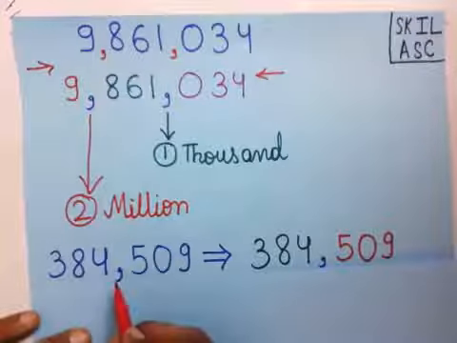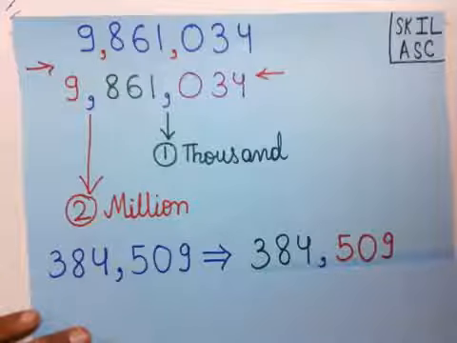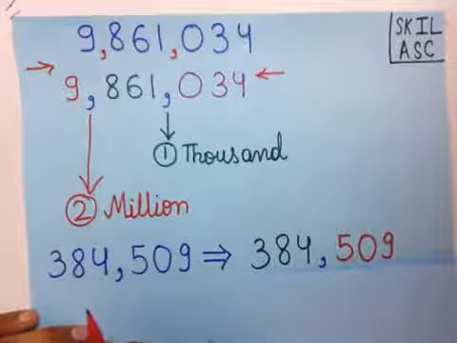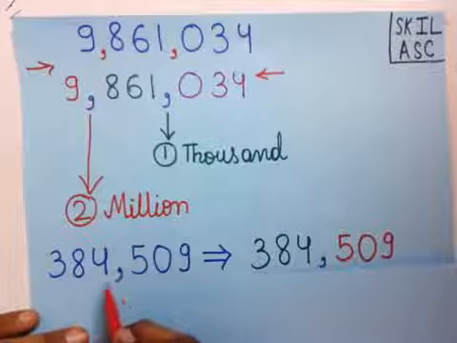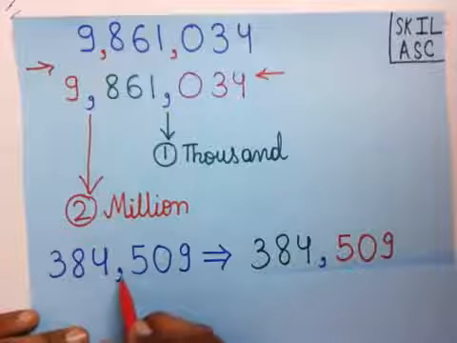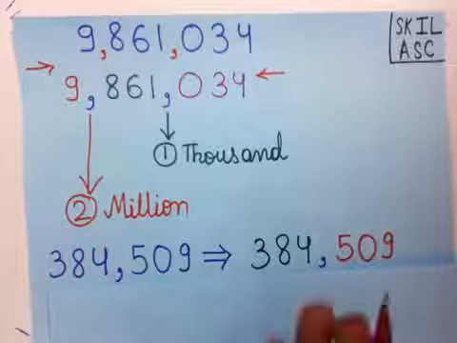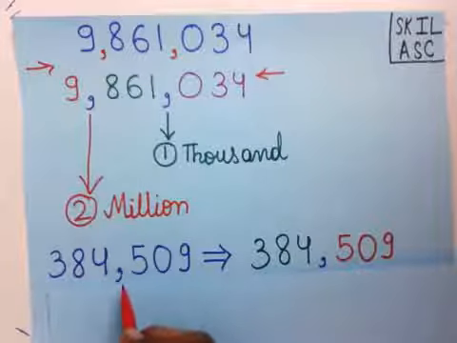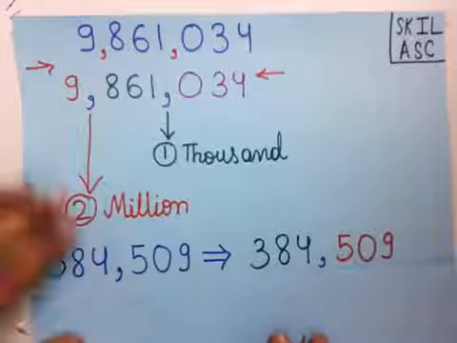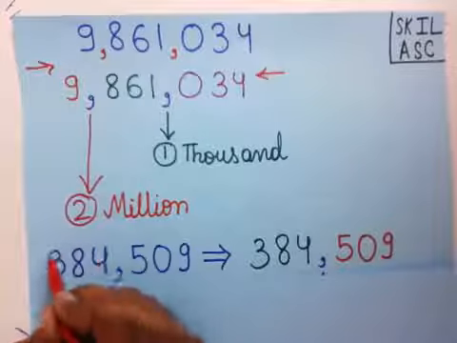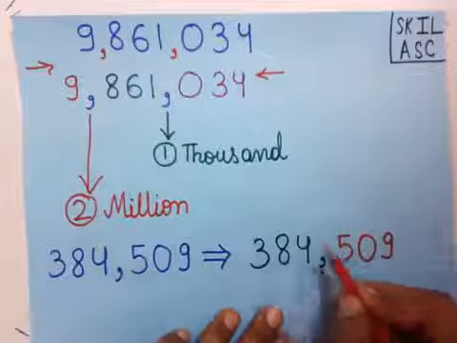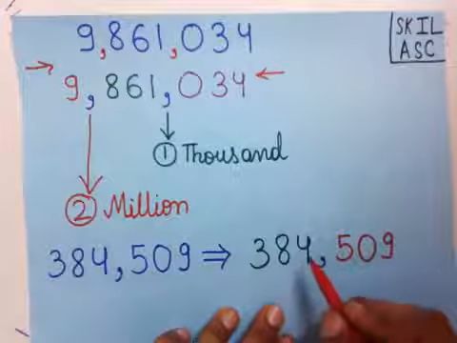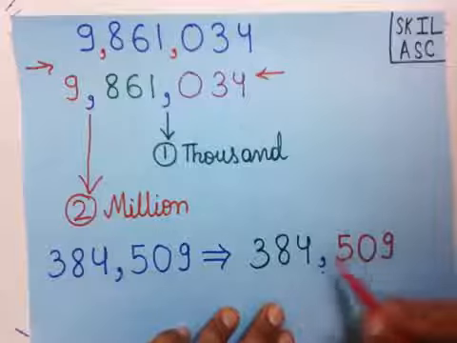Now we take another example. You see, in your daily life you may find a number with or without commas. Here we have a number with a comma already given, so it's good for us. We don't need to put any comma. It is already given in this number. So we have two new numbers. Here we see 384. This is a new small number, and this is again a new number.